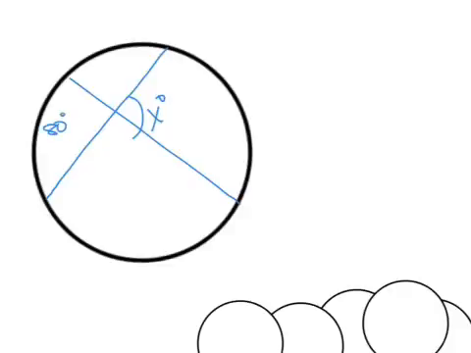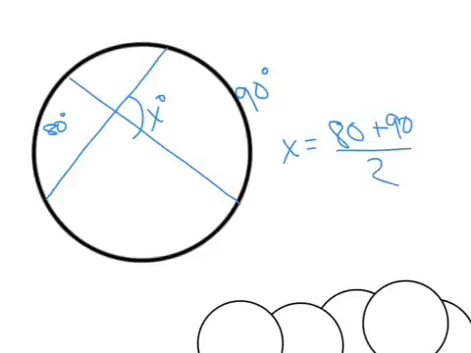And one of the things that we did was, if we have a chord like that and a chord like that, and we want to know what this angle right here is, and we know that this is 80 degrees and this is 90 degrees, that x then would equal the 80 plus the 90 divided by 2, and therefore x is 85 degrees.